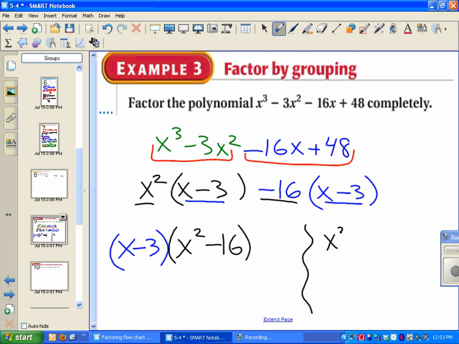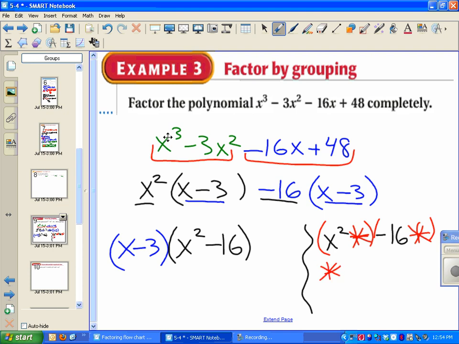So if I have x squared times star, and then I have negative 16 times star. Since I have the same star in both sets, what I'm going to do is factor out the star. Okay.